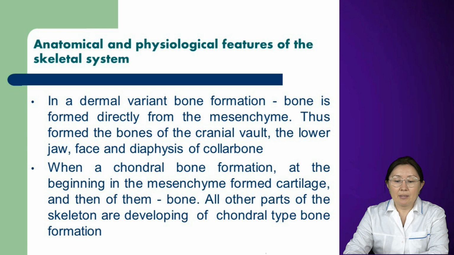Thus are formed the bones of the cranial vault, the lower jaw, the face, and the diaphysis of the collarbone. In chondral bone formation, cartilage is formed at the beginning in the mesenchyme, and then bone from it. All the other parts of the skeleton develop by the chondral type of bone formation.